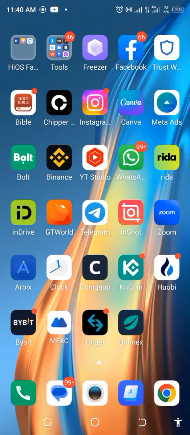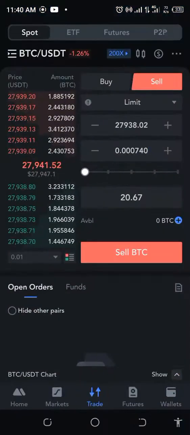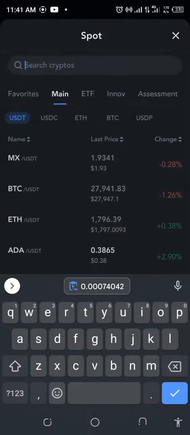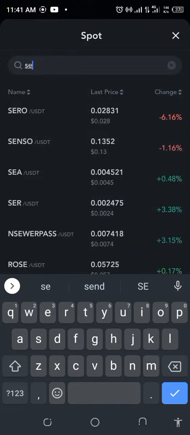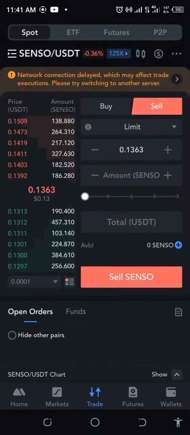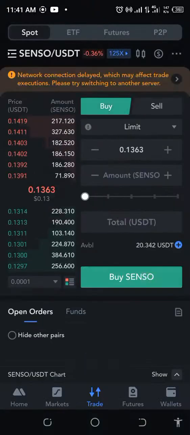We're going to make sure that this still gives us good results. So let's go back to SENSO USDT, and then we buy.